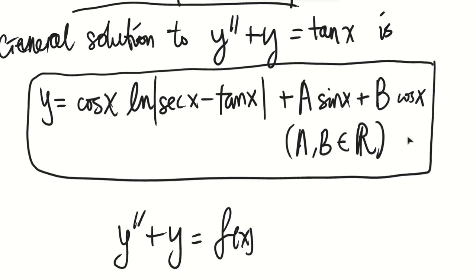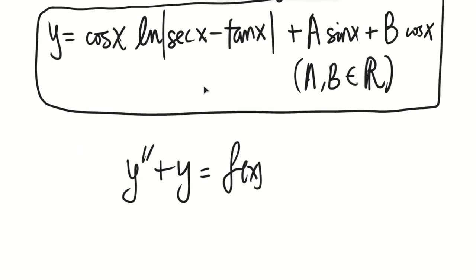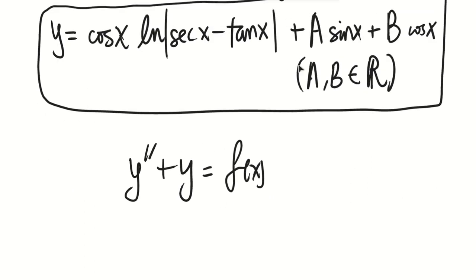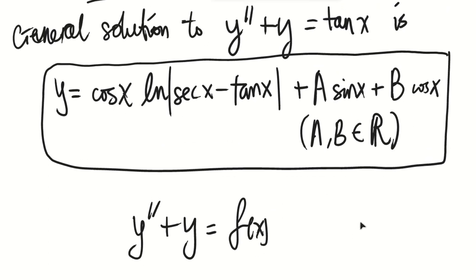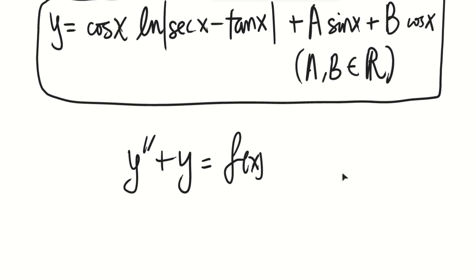Of course, you have to use integrals to write the whole thing out, but indeed you can find a particular solution, or what they call a particular integral of this differential equation. And hence, after you find that, you just slap on the final term of a sine x plus b cos x, and you're done. And yep, this is how you solve a non-homogeneous differential equation.